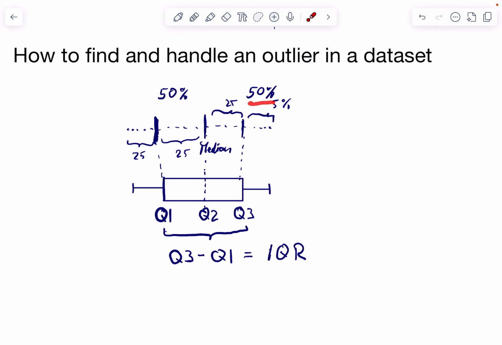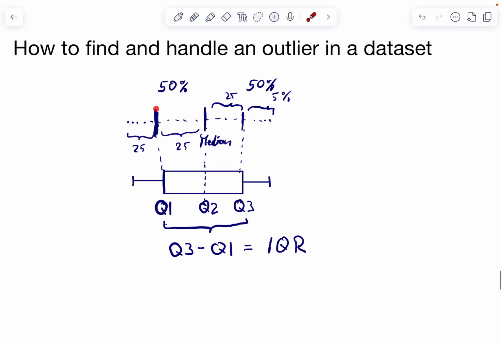And we can split the lower and the upper range again into submedians, if you like. And they are called quartile 1 and quartile 3 respectively. The true median of the whole data set is quartile 2.